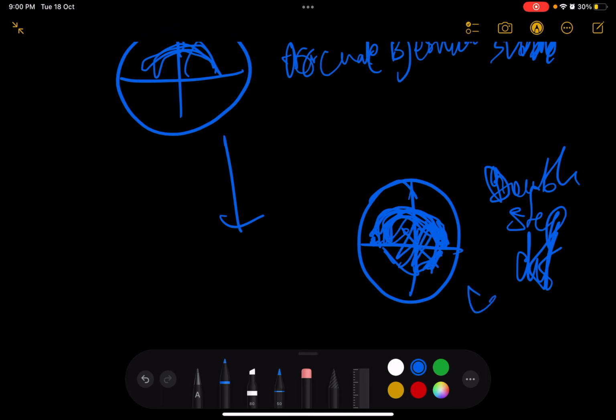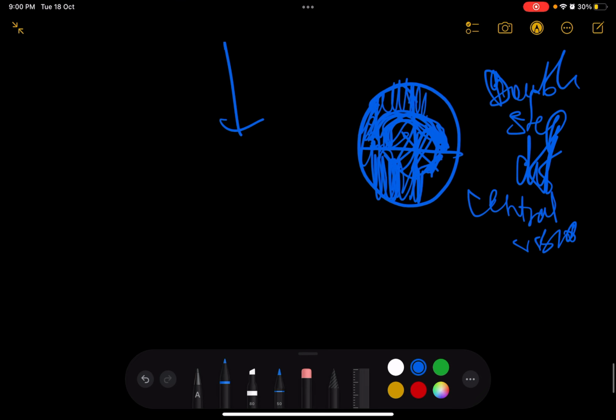So the central vision is also gone, and there is a certain amount of loss of nasal vision. What is spared is just the temporal vision. So the temporal vision is last to be affected. Okay, so far so good.